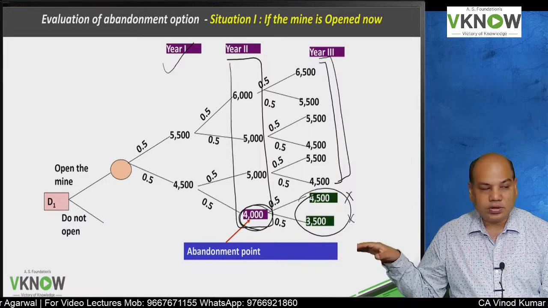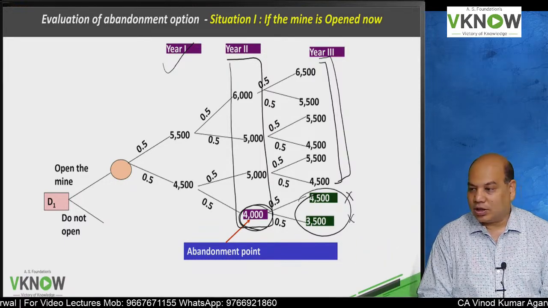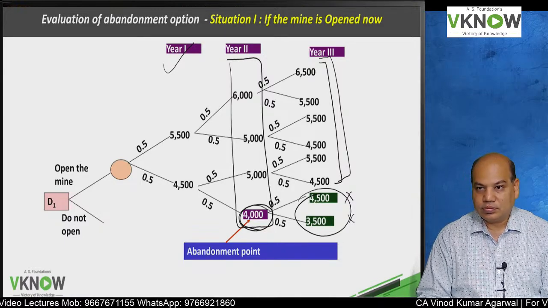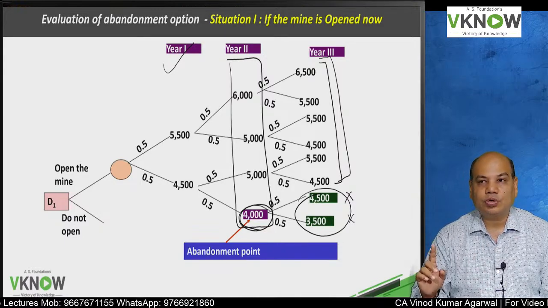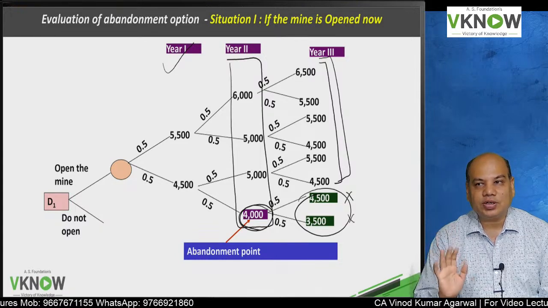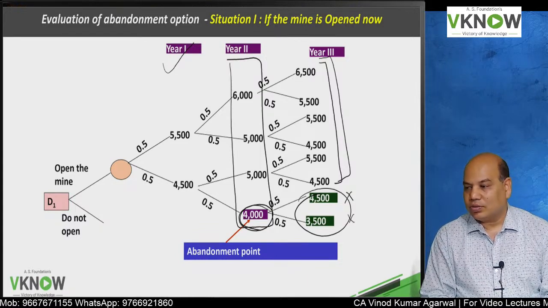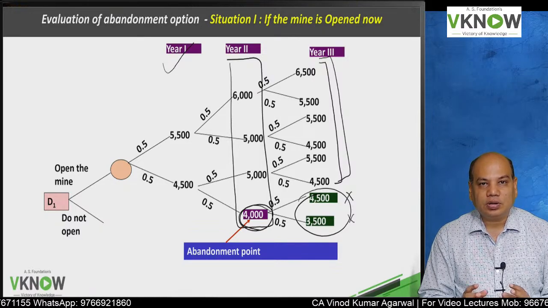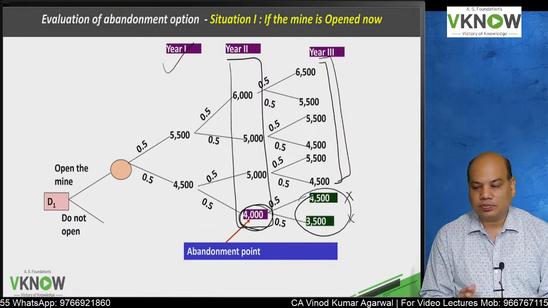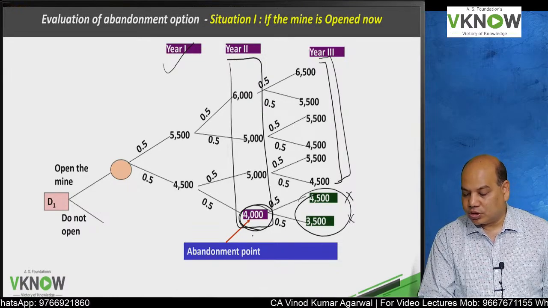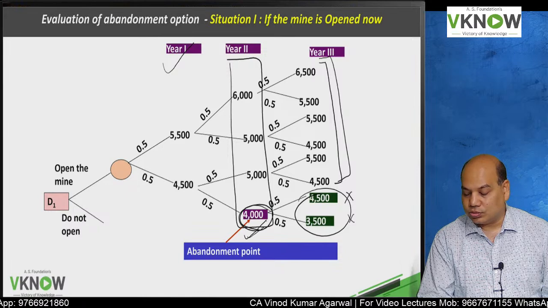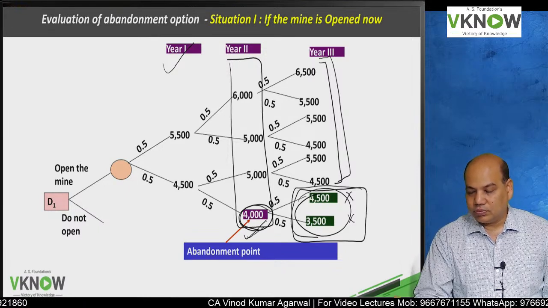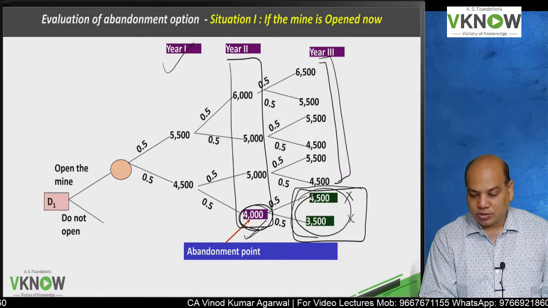So my question is, because you are intelligent students, what will be the cash flow of year 3? First I will give you 30 seconds to try. What will be the cash flow of year 3 with the abandonment option? Suppose you abandon the project after getting 4,000 in year 2, then these 2 will not be required. I hope you understood.